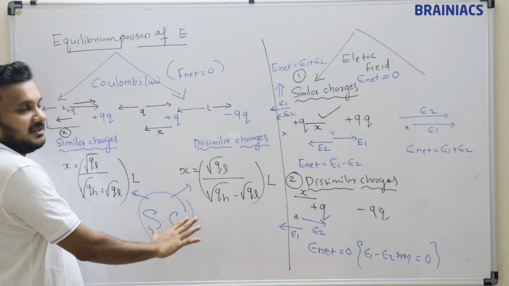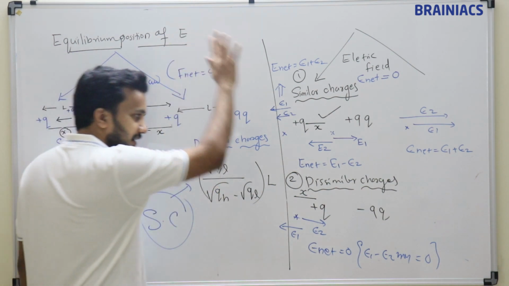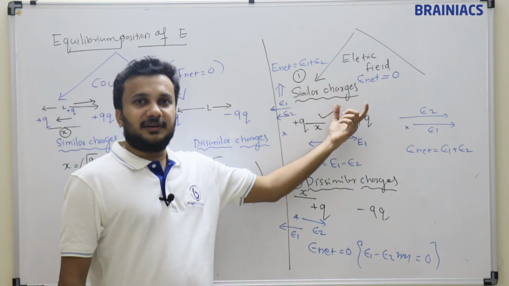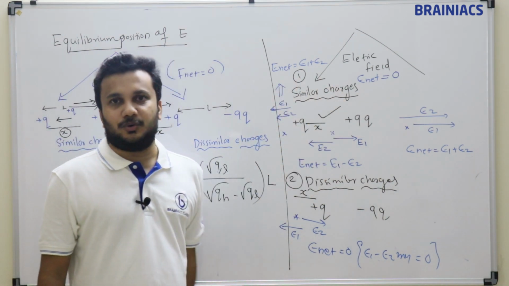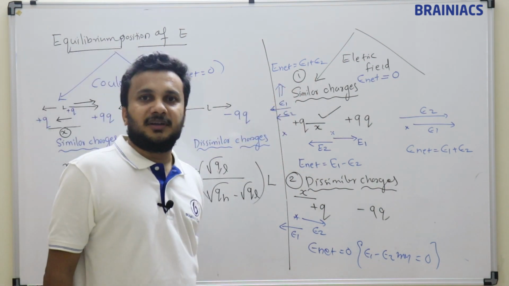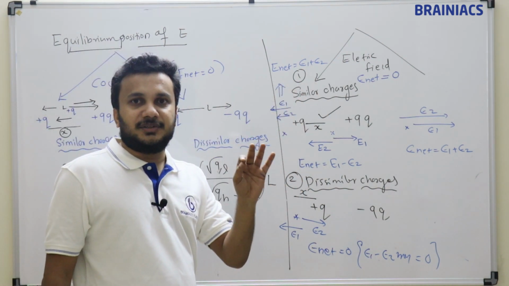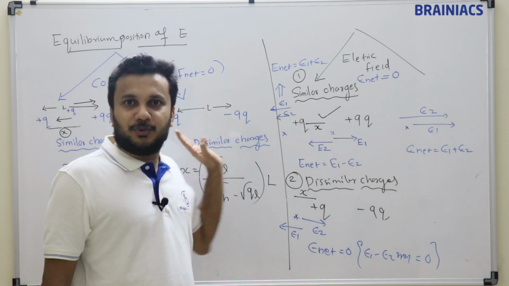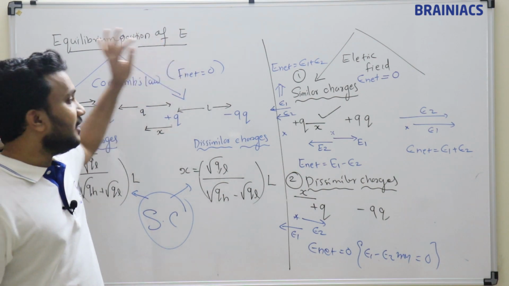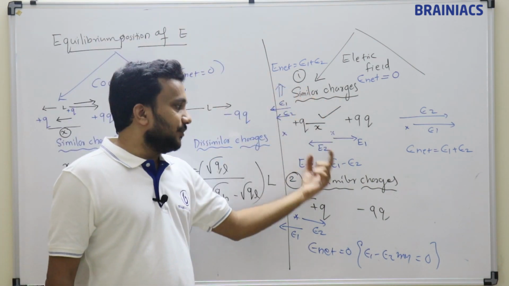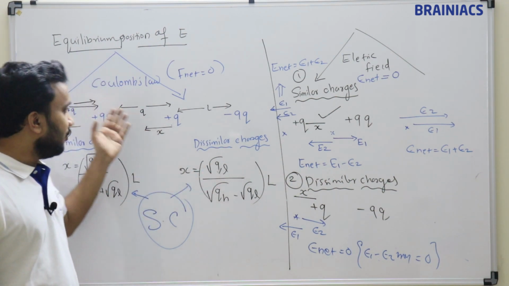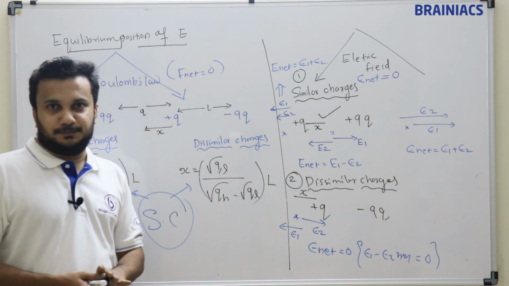The same concept is applied as an exact copy in electric field intensity. There is no difference. Whatever you learn in Coulomb's law, you can apply in the electric field intensity topic also. Hope you are clear with this equilibrium position of electric field intensity for similar charges and dissimilar charges. I just brushed up again what you have learned in Coulomb's law. Okay.